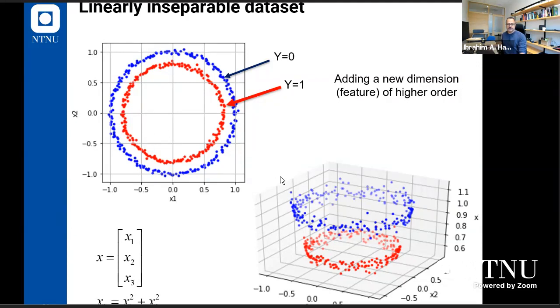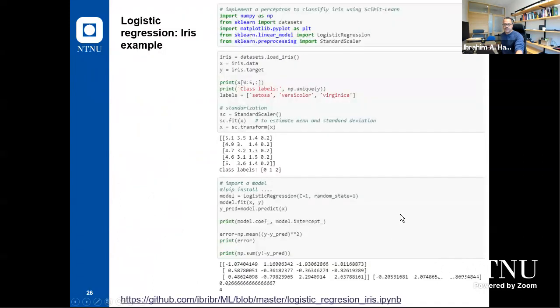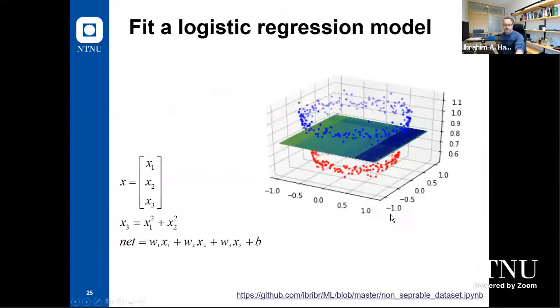But if we use x1, x2, and x3, where x3 equals x1 square plus x2 square, and plot it in three-dimensional space, it looks separable, right? In this case, we can just generate a plane, and this plane will be used for classifying. So finally, I used a logistic regression model using x1, x2, and x3, where x3 equals x1 square plus x2 square, and we can generate this plane.